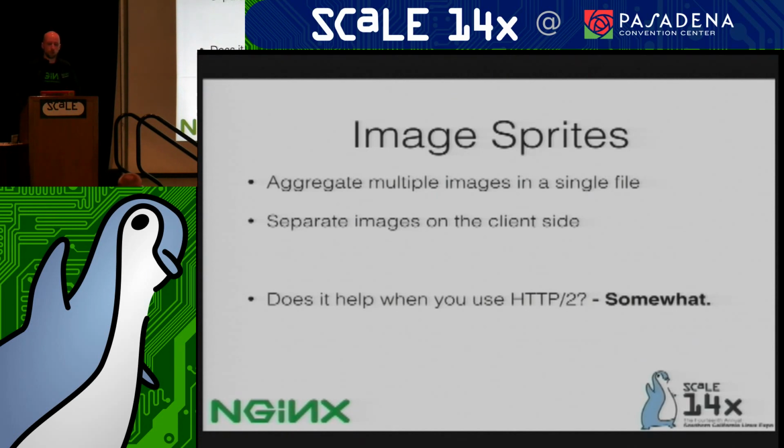Another optimization that many people implement for making HTTP1 websites faster is making image sprites, basically combining multiple images into the same large image file. And on the client side, you can easily carve that into different smaller pictures, smaller pictograms. It's pretty easy to do that with client-side technologies. So does it help with HTTP2? Well, a little bit.